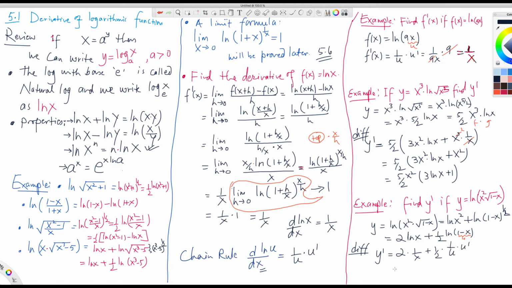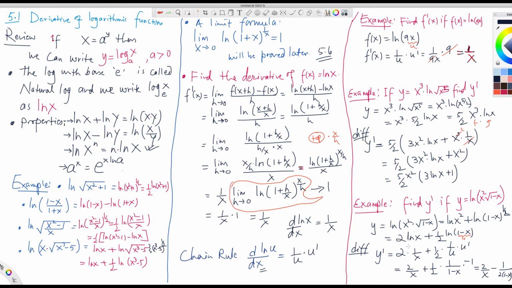You see that? So it will be 2 times 1 is 2 over x plus 1/2 times 1 over u, which is 1 minus x, right? Times u prime. What is u prime? It is 0 minus 1, so that will be -1. So the final answer looks like 2 over x minus, because 1/2 times 1 times -1 is -1, over 2 times 1 minus x. That is the final answer for this example.